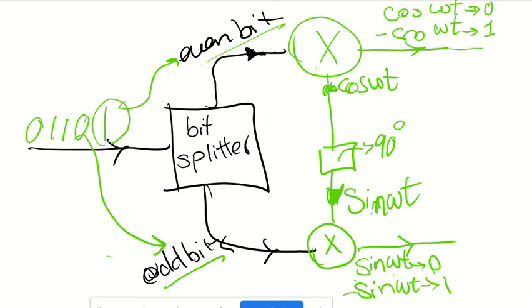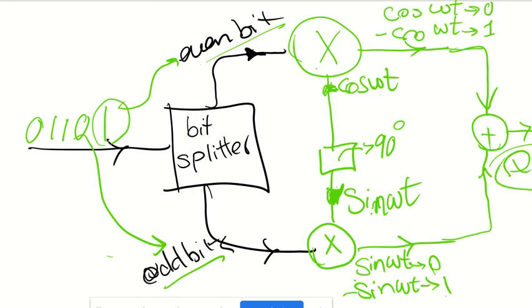So this one has a different phase from this one. So I can assign this to binary 0, this one to 1. Okay, so each bit I'm sending in parallel, simultaneously, with different carriers. And at the end, I'm going to add them and then send it. So this is my QPSK.